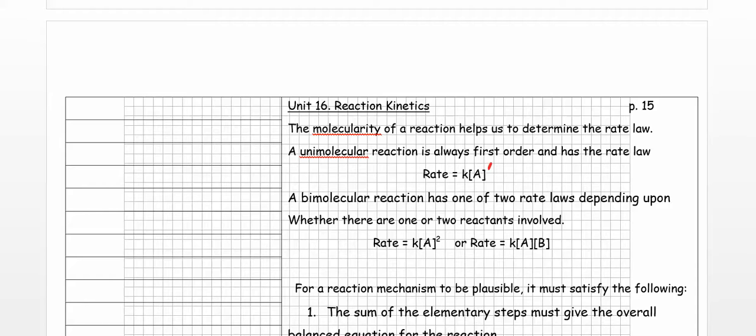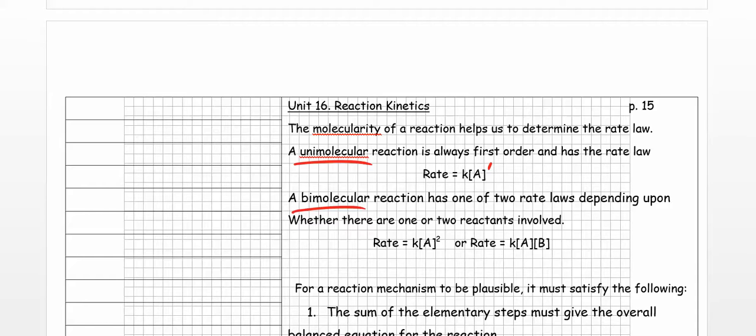We can just say A. But if you have a bimolecular situation, where you have 2 particles involved in that rate determining step, the rate law could be one of 2 things, depending upon whether you have 2 of the same molecule banging into each other or 2 different molecules banging into each other to give the collision necessary for the reaction to go.